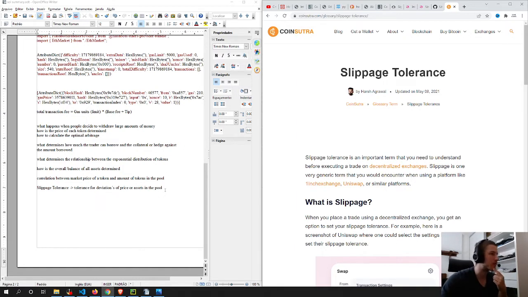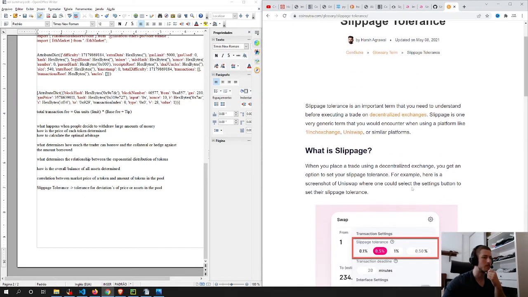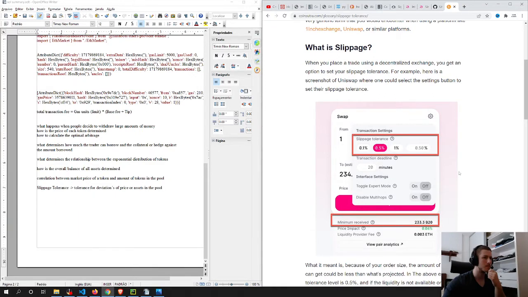So I want to understand how the slippage tolerance is correlated with the borrowing. This is also for swapping, which is, when does this apply? We need to read more about it.